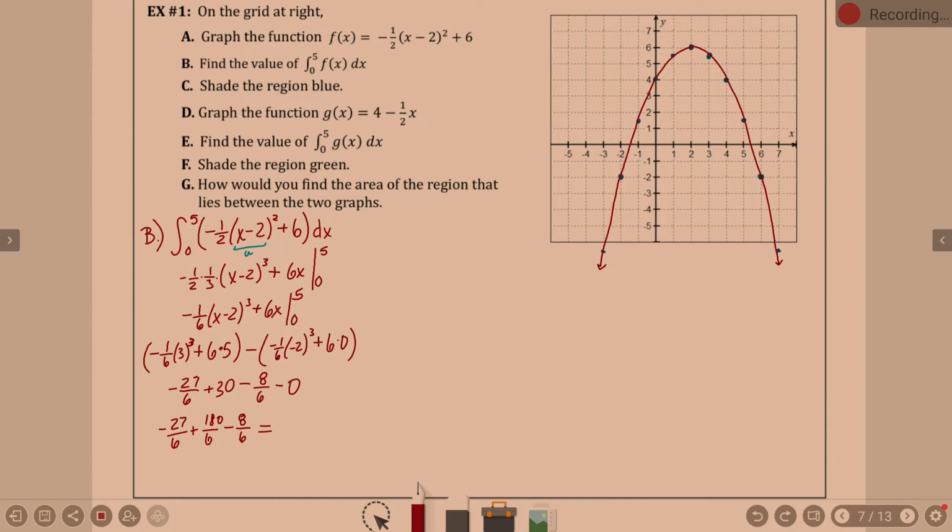I was trying to reduce, but if I reduce 8/6, it's going to be 4/3, and if I reduce 27/6, it's going to be 9/2. And so then I lose my common denominator. I think so. Because in my brain, negative 27 minus 8 is negative 35, and 180 minus 35 is going to be 145/6.